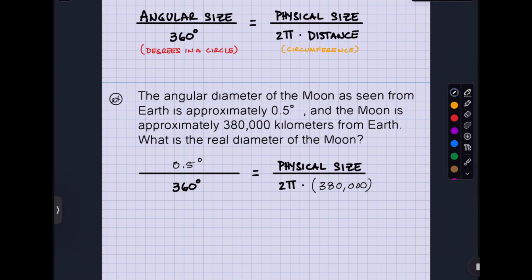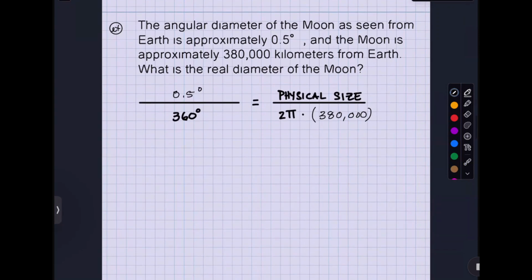And since I have a single fraction equaling a single fraction, this is where we can actually cross multiply. Meaning, this times this.